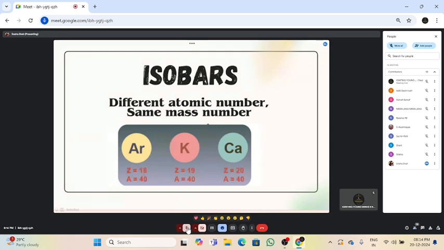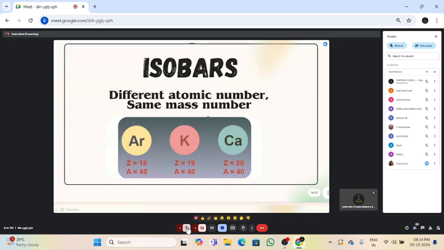That is, the sum of protons and neutrons is the same. It is not as complicated or as interesting as isotopes. Is this clear? And this is the last part of the session. All right.